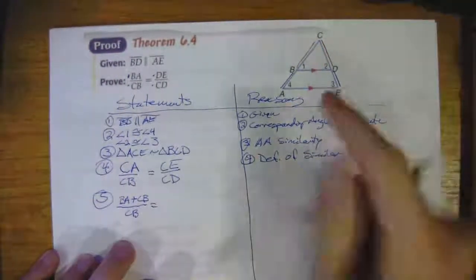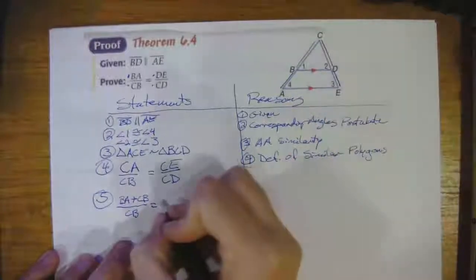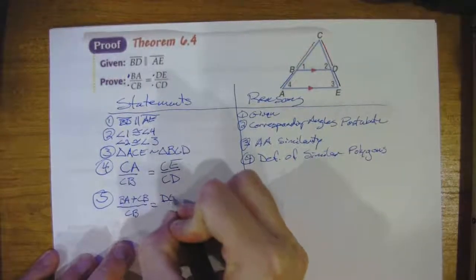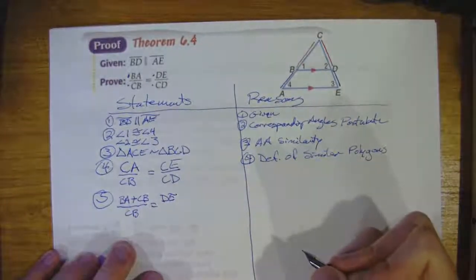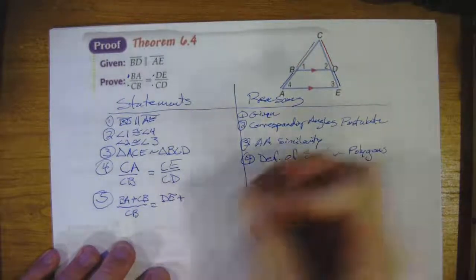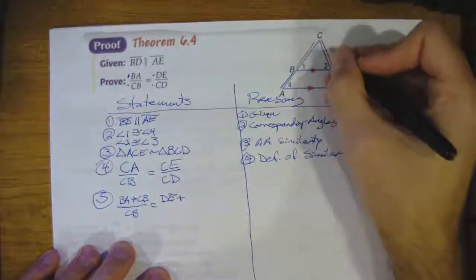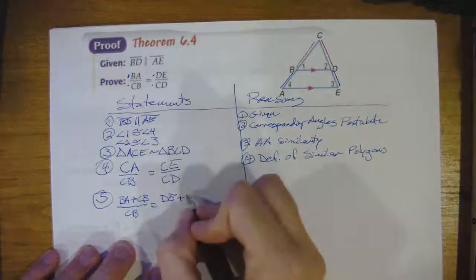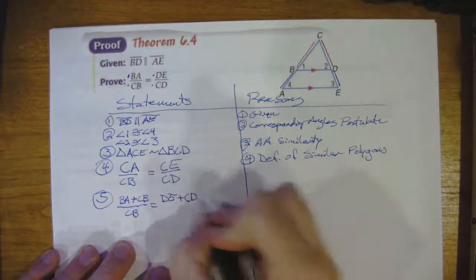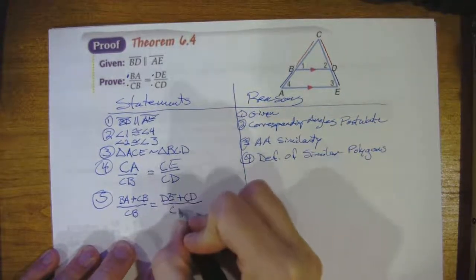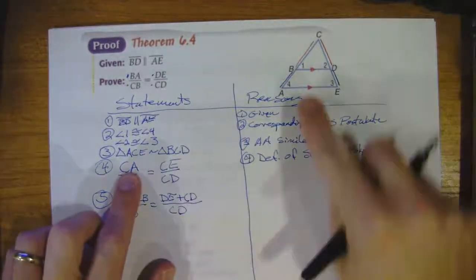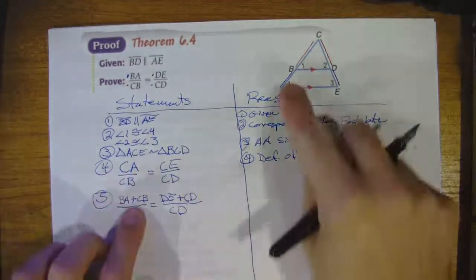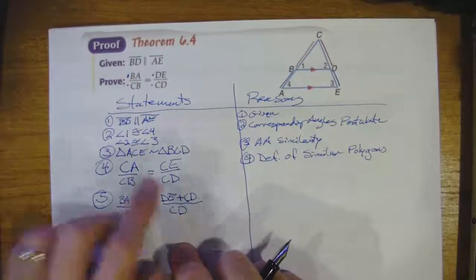Let's do the same thing to the other side. So we've got this short side, DE, added on to the smaller side of our triangle here, so CD, and that's all over CD. So again, just to review, CA, this whole side, I broke down into its individual parts, all right?